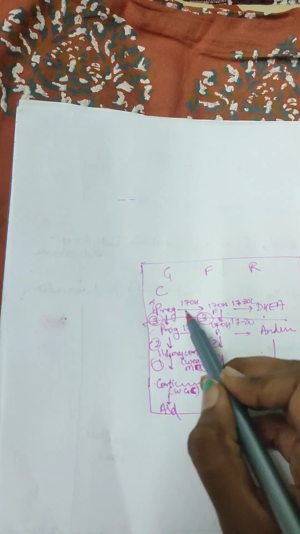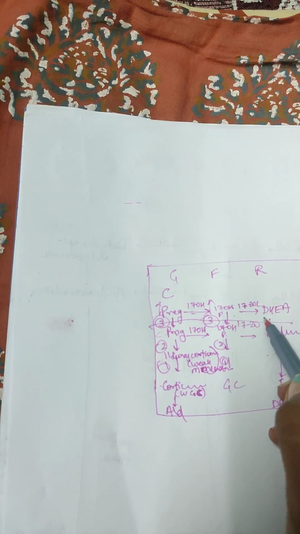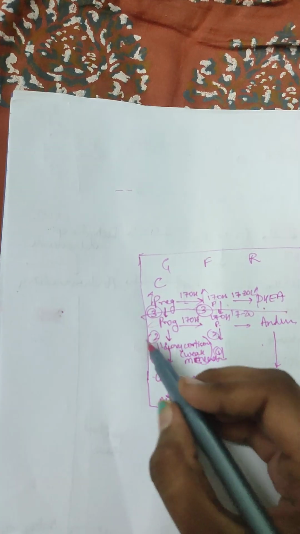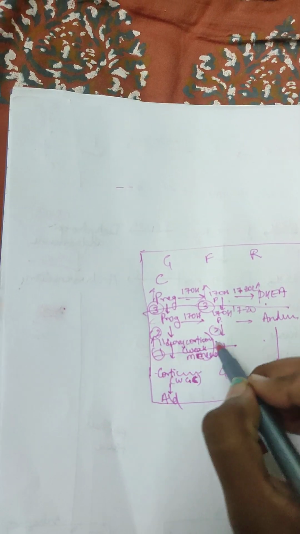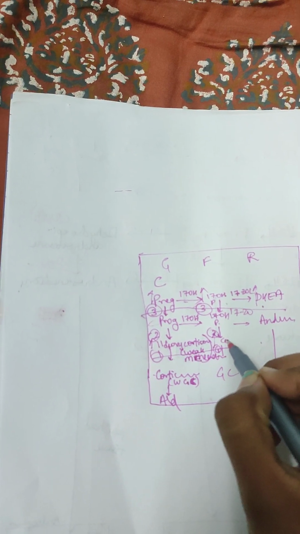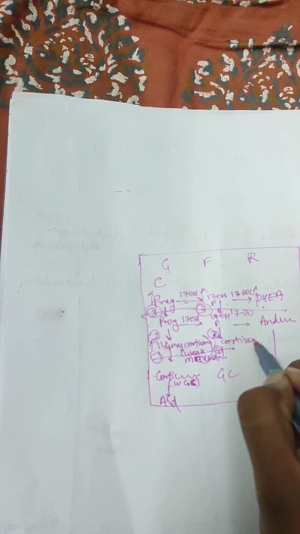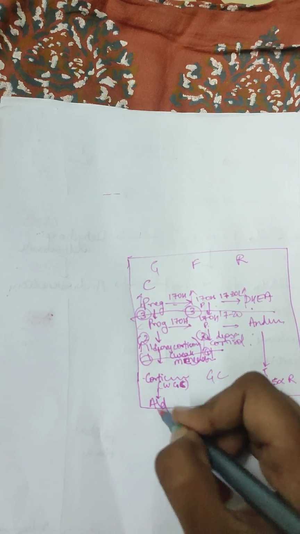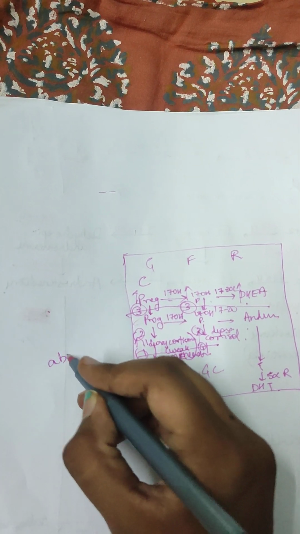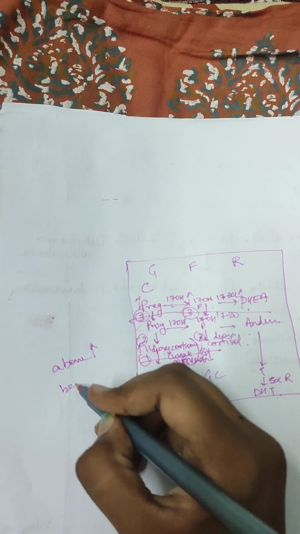Anything above will increase. Okay, if this is deficient, anything above will increase. This is cortisol, deoxycortisol. Thing above will increase. Below decrease.